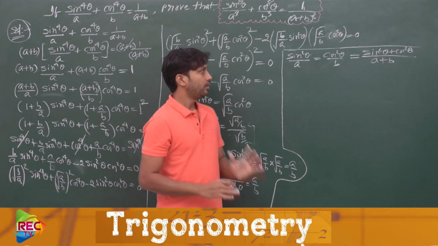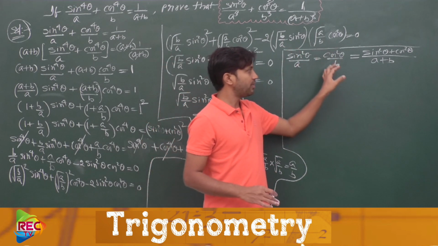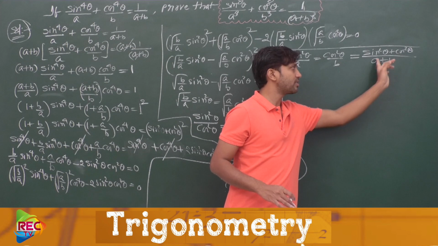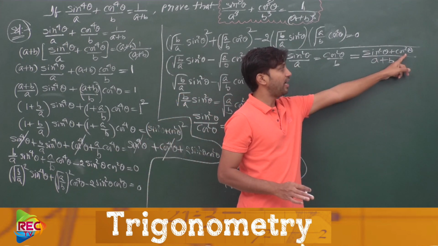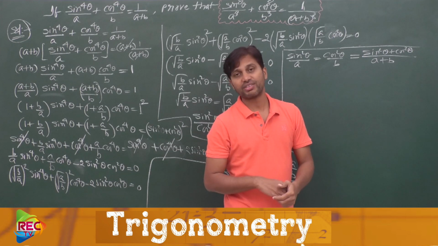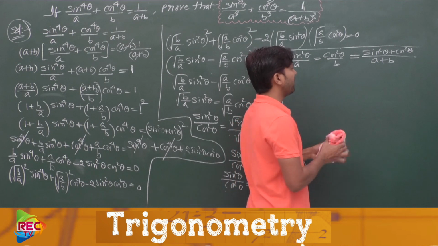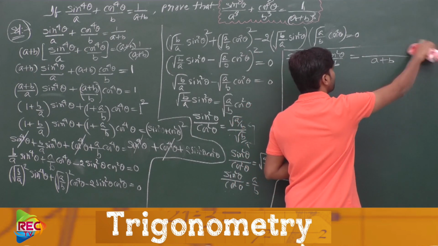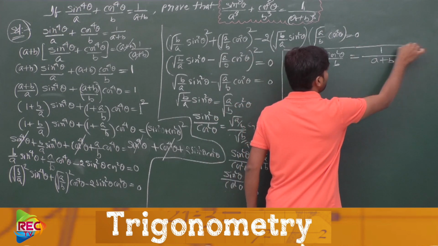Got it? Now we obtained this relation: sin square theta by a equal to cos square theta by b equal to sin square theta plus cos square theta by a plus b. As you know, the value of sin square theta plus cos square theta is 1. Let me write it here only.